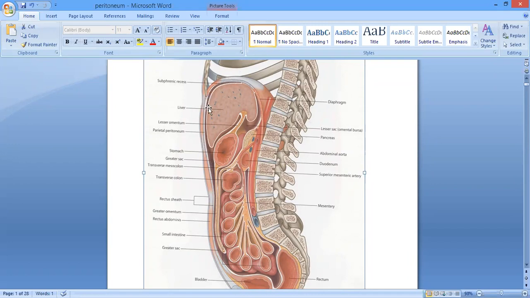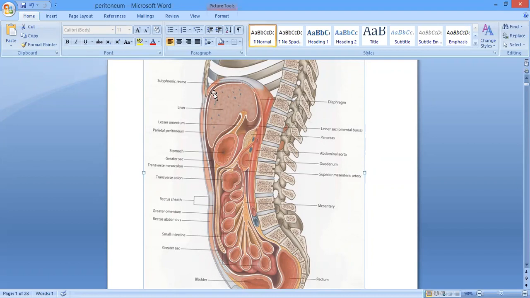Now, as far as the peritoneum is concerned, again the peritoneum consists of two layers: the parietal peritoneum, which is just going to line the inner aspect of the abdominal wall over here, and then the lower part over here lines the pelvic cavity, right? And it is also going to line the undersurface of the diaphragm here. You see the diaphragm, I told you, is a partition between the thoracic cavity and the abdominal cavity, right?